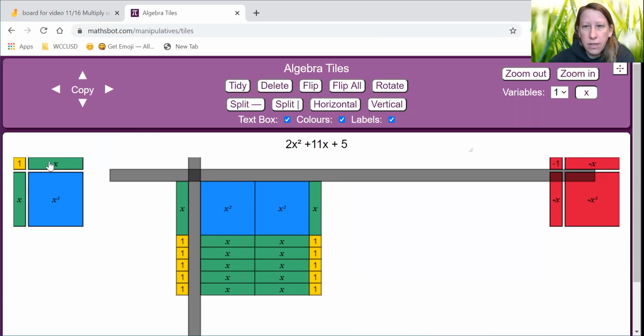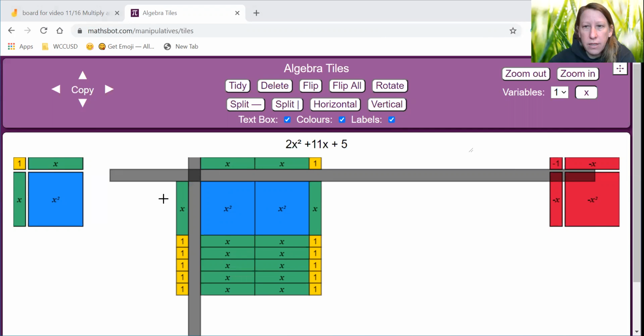And then along the top, they have an x as a factor. They have another x that matches, and then they have a 1 in common. So there's my answer. I'm going to do 2x and 1 times x, 1, 2, 3, 4, 5. X times 5.